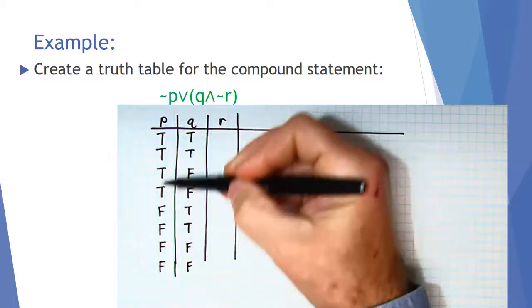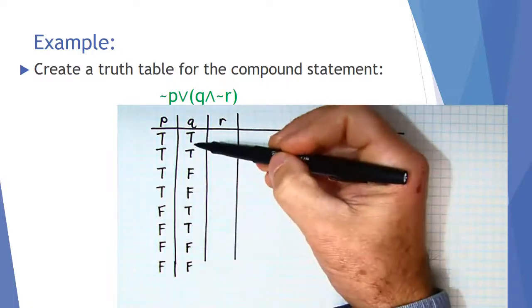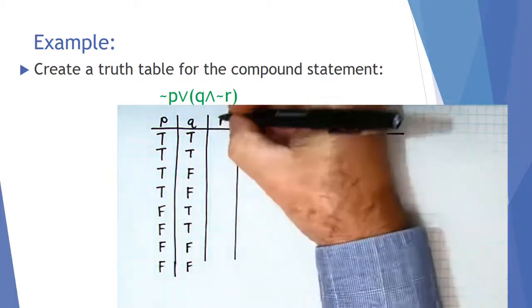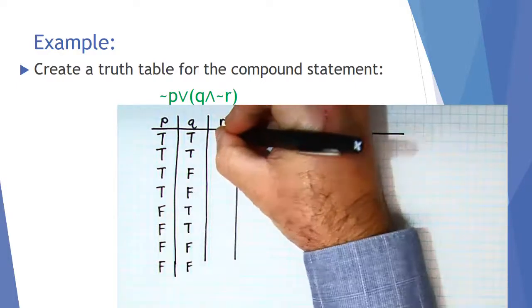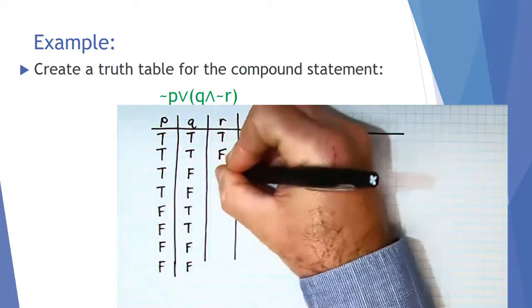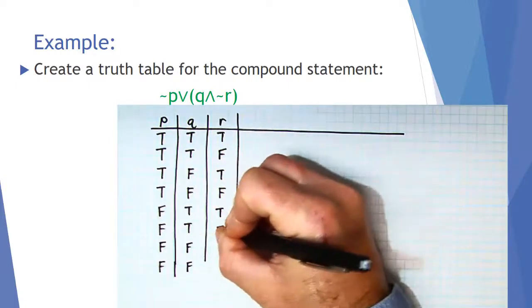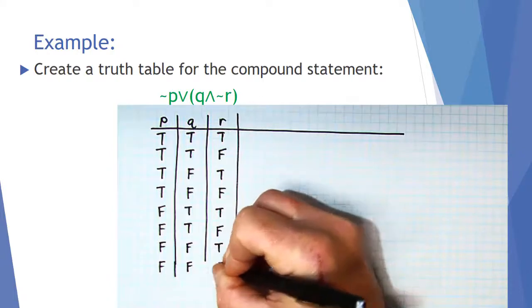So for our first column, we have 4 trues and 4 falses. And then we pair them up. We have true, true, false, false, true, true, false, false under Q. And then R will be alternating true, false, true, false, true, false, true, and false.